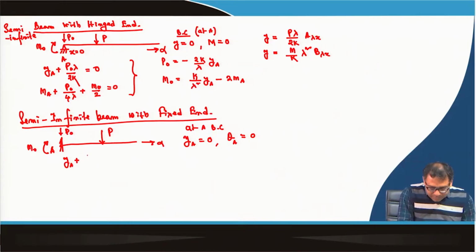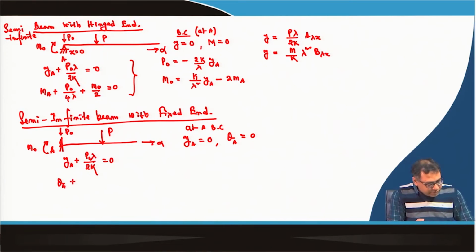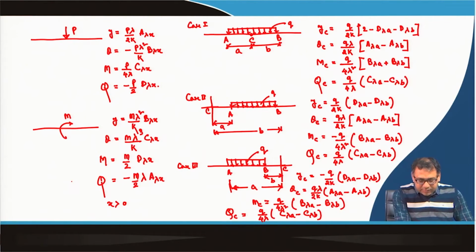and then this will be the P0 part, P0 lambda by 2k, that is equal to 0, and theta A, then plus here the P0 contribution will not come, because theta is again B lambda x, and B lambda x at x equal to 0 is 0.